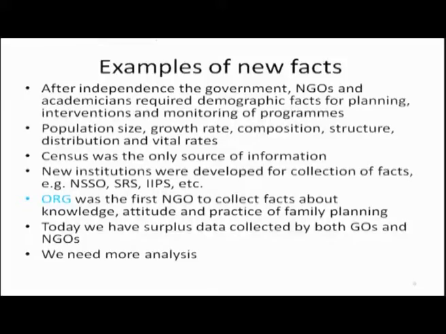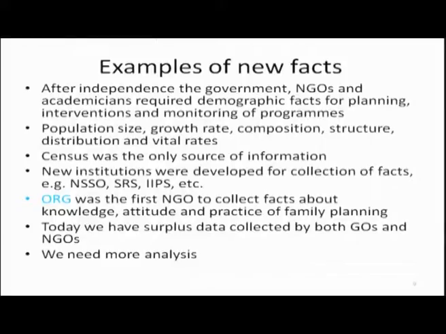And at that time we did not have a good knowledge, a good estimate even of crude birth rate and crude death rate, because census was the only source of information and it did not include data from which birth rates and death rates could be directly estimated.